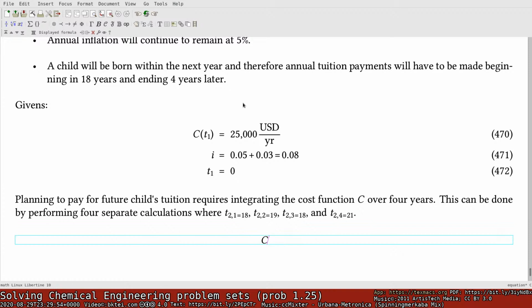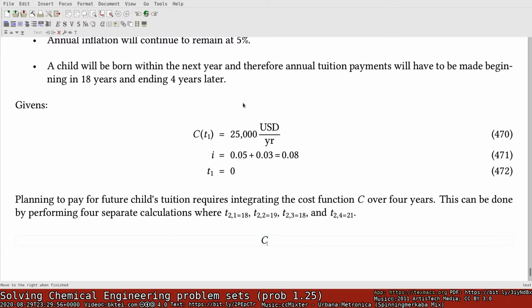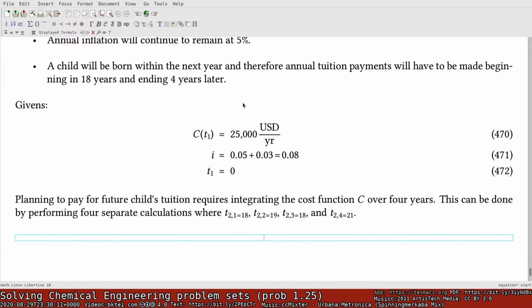So the cost total would equal, so C is already a rate. So we could do lowercase c, or savings.